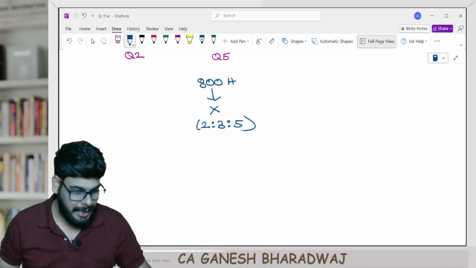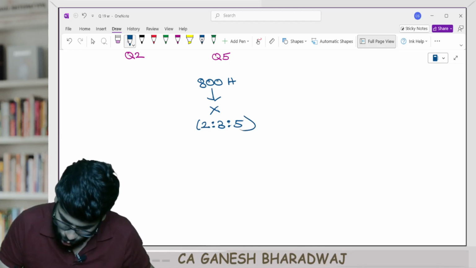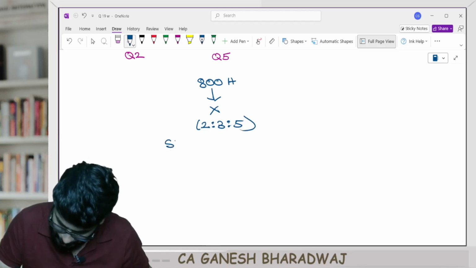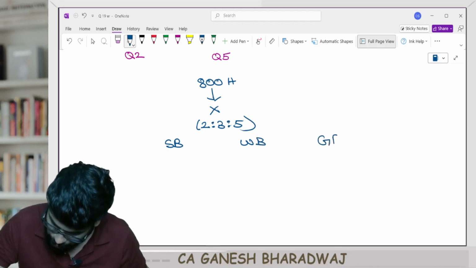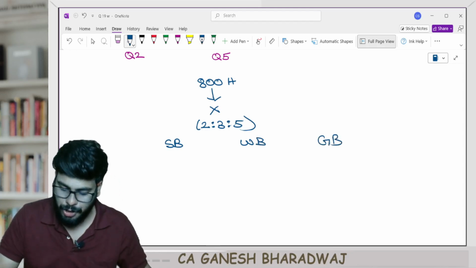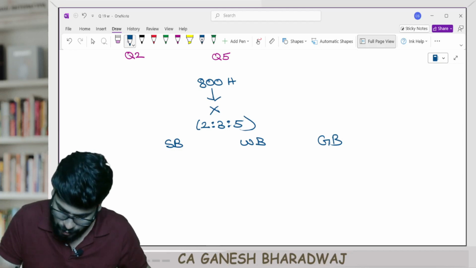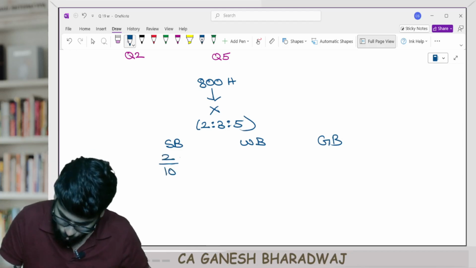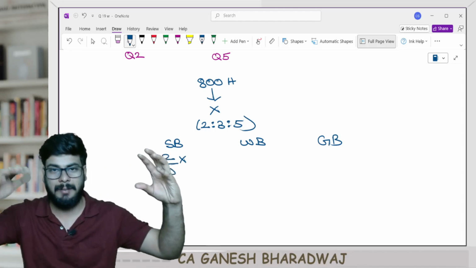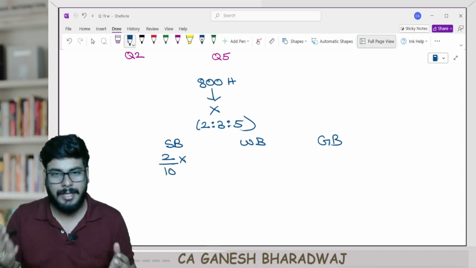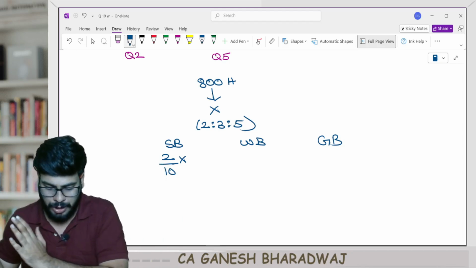So can I say that the total units of school bags is going to be 2 by 10 into x? Correct? X is the total number of units of A plus B plus C put together, that is school bag plus water bottle plus geometry boxes put together.